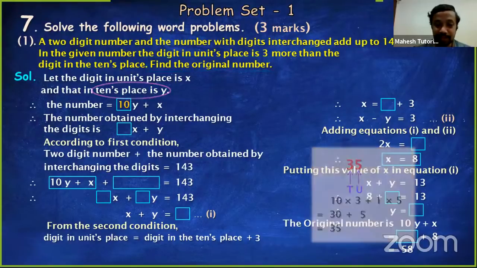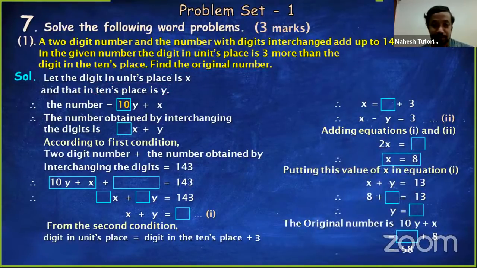Moving further, students. Now see what the next step in the solution says: the number obtained by interchanging the digits. Now when they say interchanging, मतलब अदला बदली करनी है, means initially units place पे x है and tens के place पे y है.